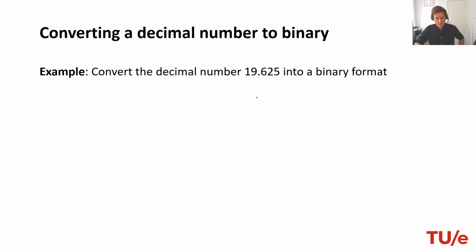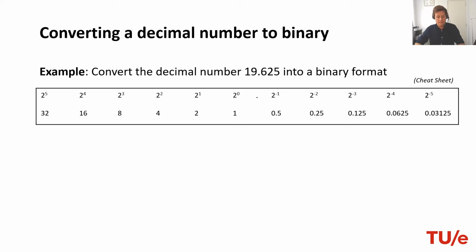Now, let's take a look at a slightly more complicated decimal number, 19.625, and try to convert this into a binary format. Now, what I always do when I have to convert numbers into a binary format is take a look at kind of a cheat sheet and place that on top of the paper where I have to write stuff down.